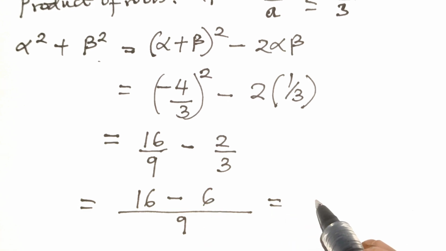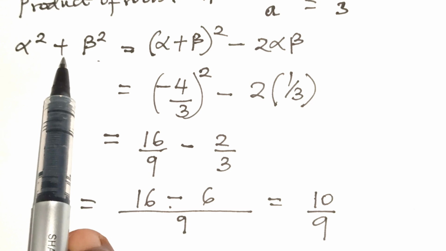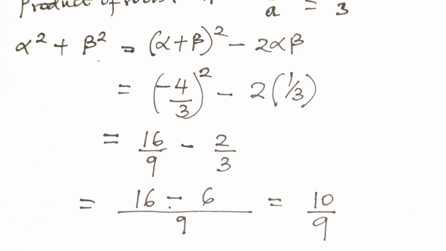So this is equal to 16 minus 6, 10 over 9. So we have 10 over 9 as alpha squared plus beta squared. That is the sum of the roots.